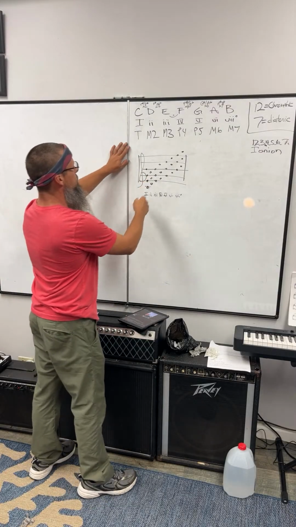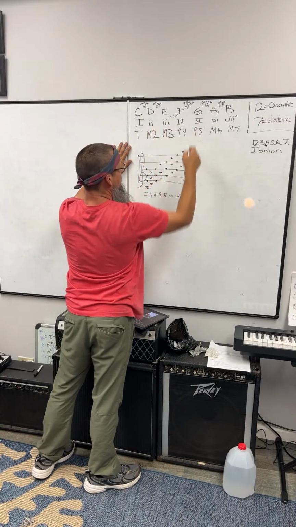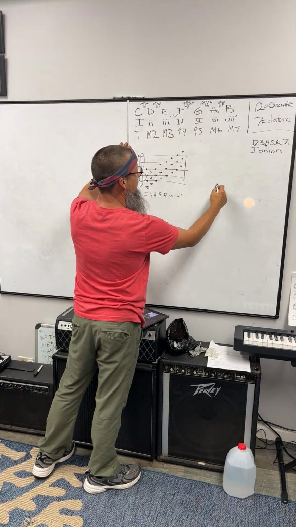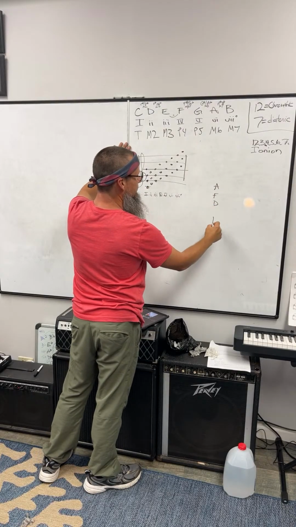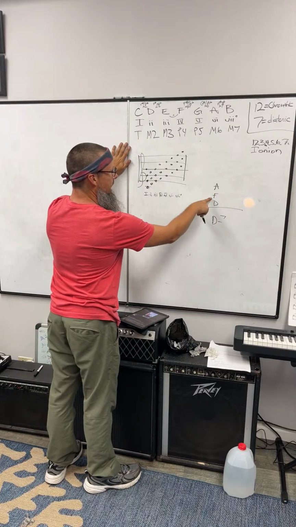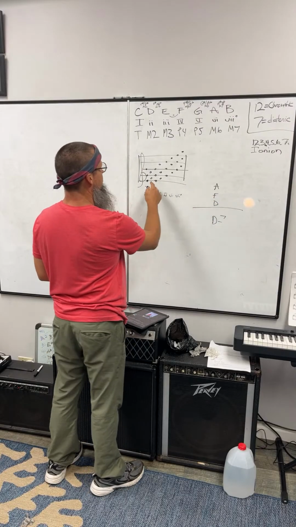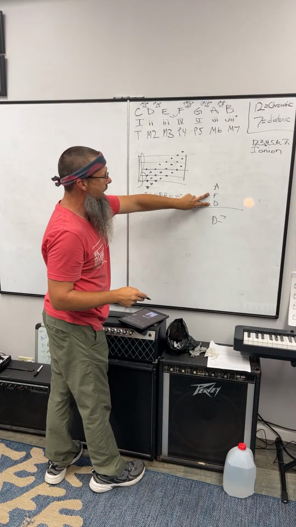As far as this goes, if we were to add our 3rd note here, let's make our D minor, which is a D, F, A, and we make this into a D minor 7. This means we're going to need to have this as being a minor 3rd. Well, it makes sense to know that a D to an F sharp is a major 3rd, D to an F is a minor 3rd.